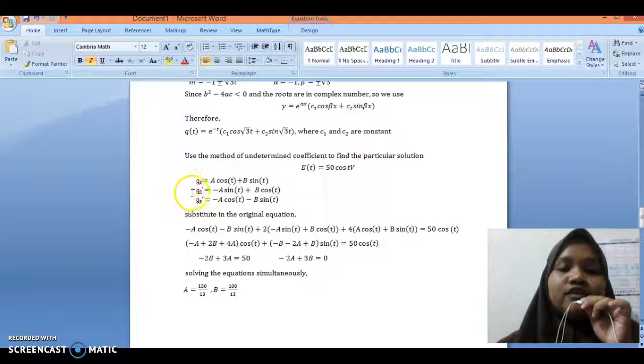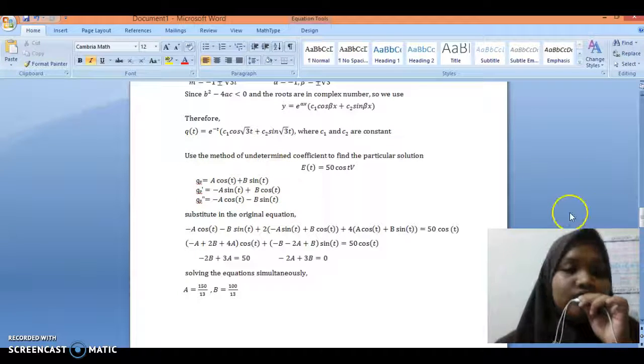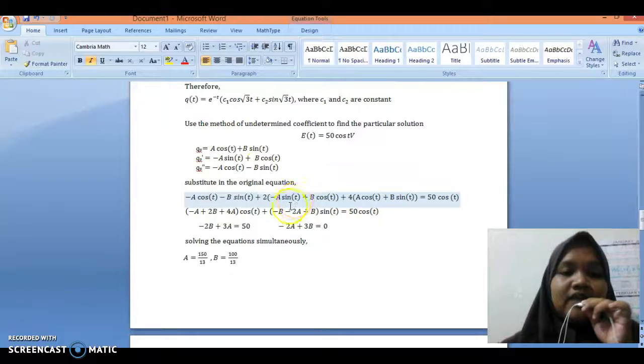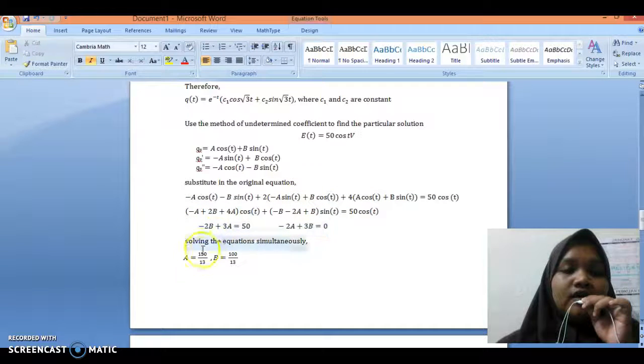Then you derive this, and use the second derivative too, and put it back in the original equation. After you get all these equations, you find that A equal to 150 over 13, B equal to 100 over 13.